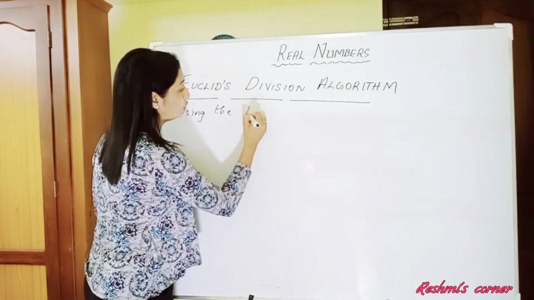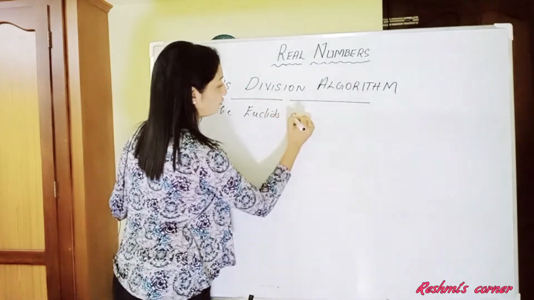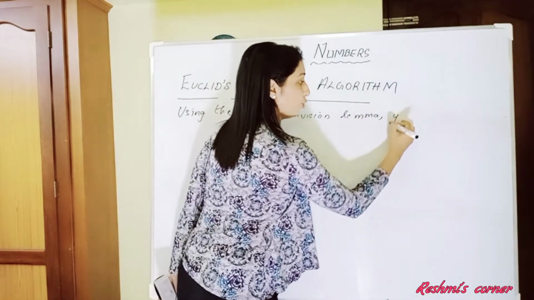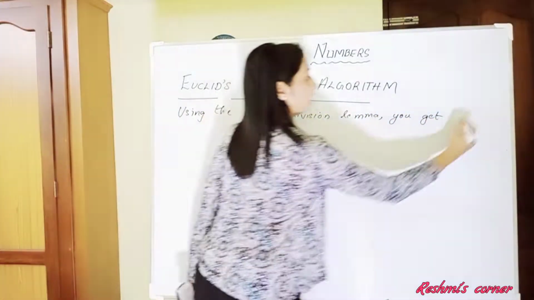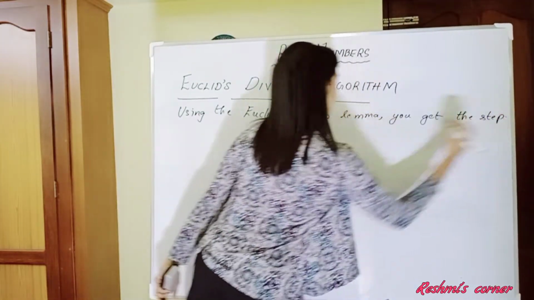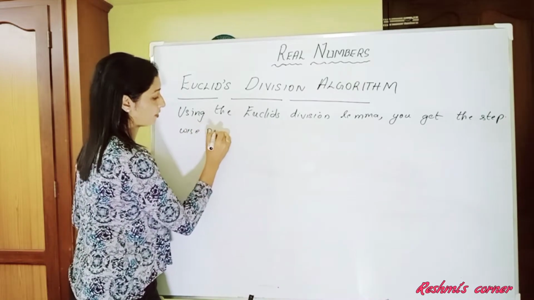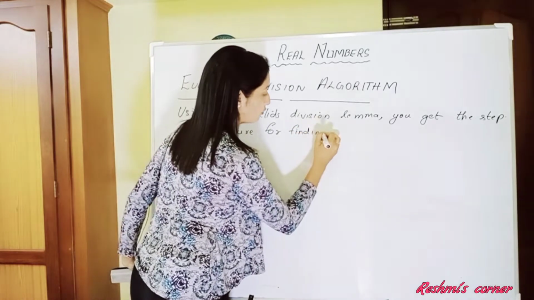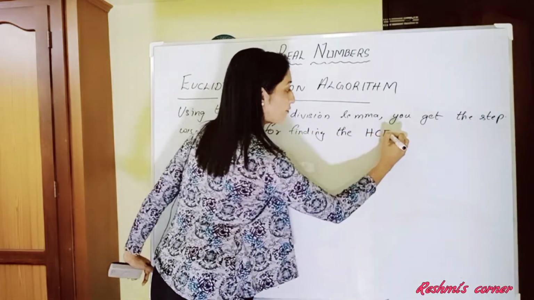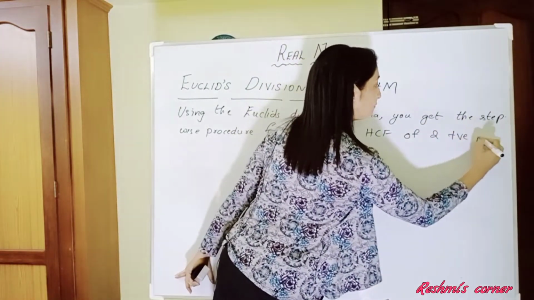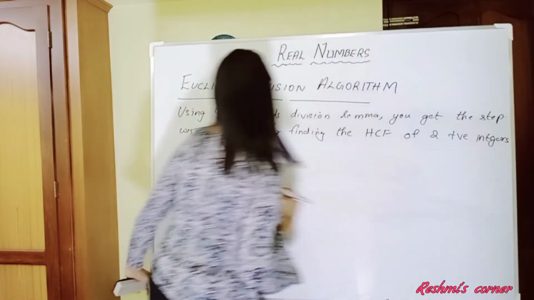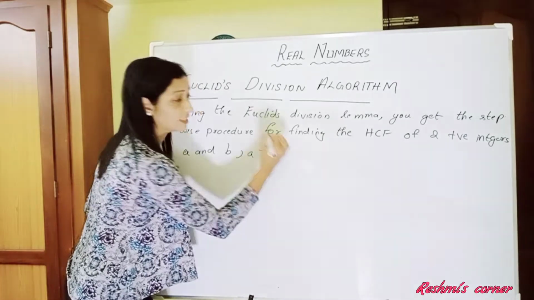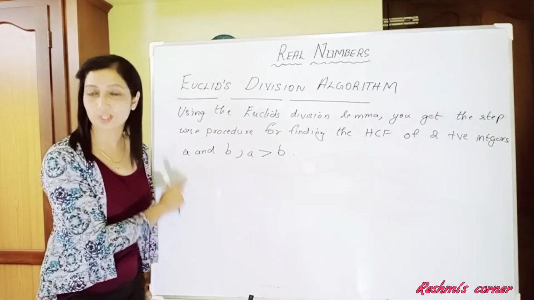So let's see what this algorithm is. Using the Euclid's division lemma, you get the stepwise procedure for finding the HCF of two positive integers A and B, where A is greater than B. So this is our Euclid division algorithm.